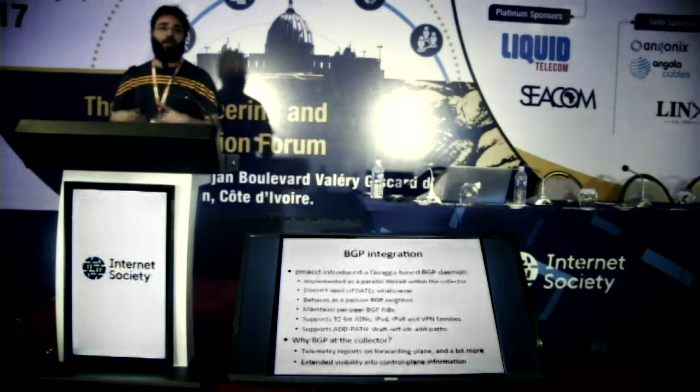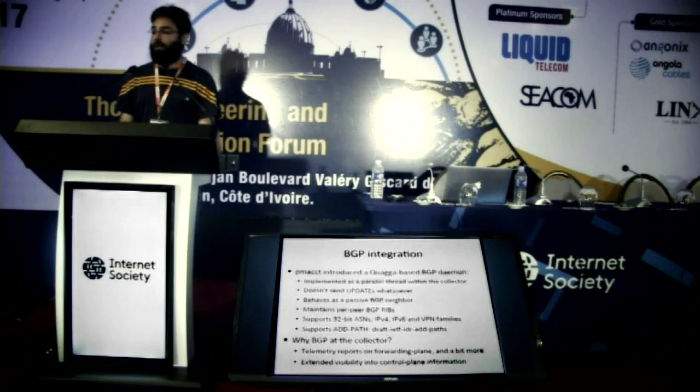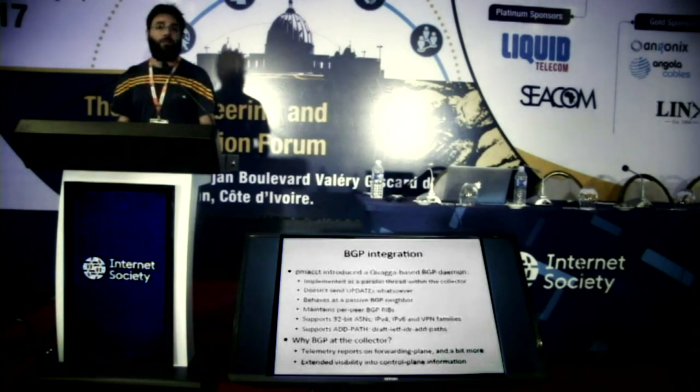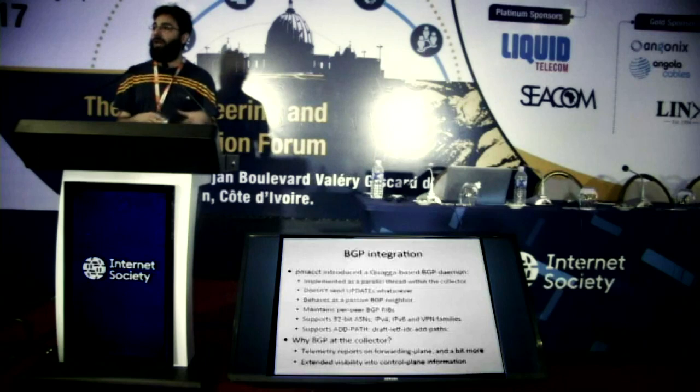Going and post-processing files and doing this reconciliation. So that's why it makes sense to have both information as part of the same collector. And the other thing is because you never would like to have BGP information being put as part of NetFlow, right?